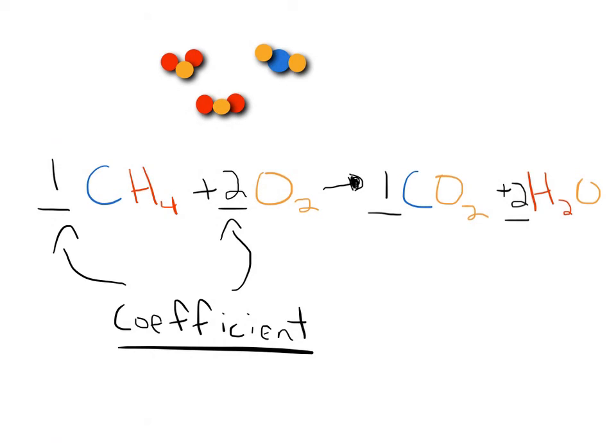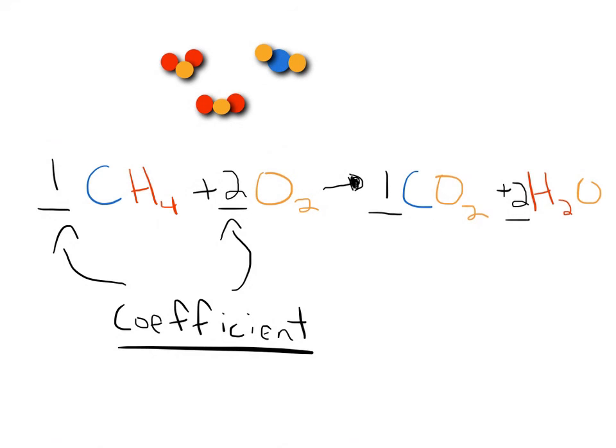But one thing to notice throughout this whole reaction, the number of atoms didn't change. We started with 1 carbon, we still have 1 carbon. We started with 4 hydrogens, we still have 4 hydrogens, and that's important. In a reaction, the atoms are always conserved. They don't just disappear. So keep that in mind. And this is your first look at what's called a balanced reaction.